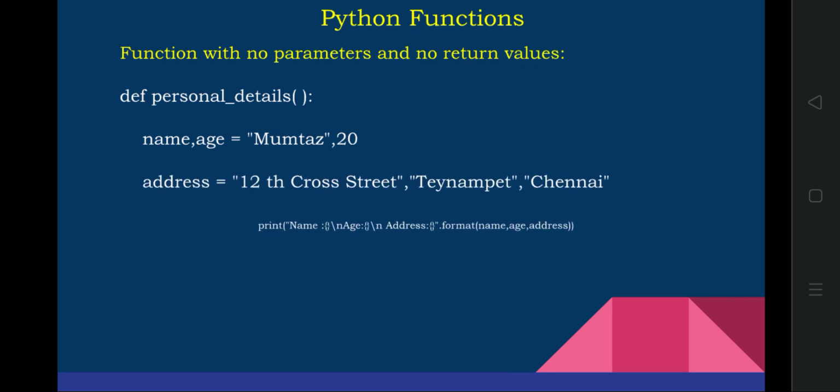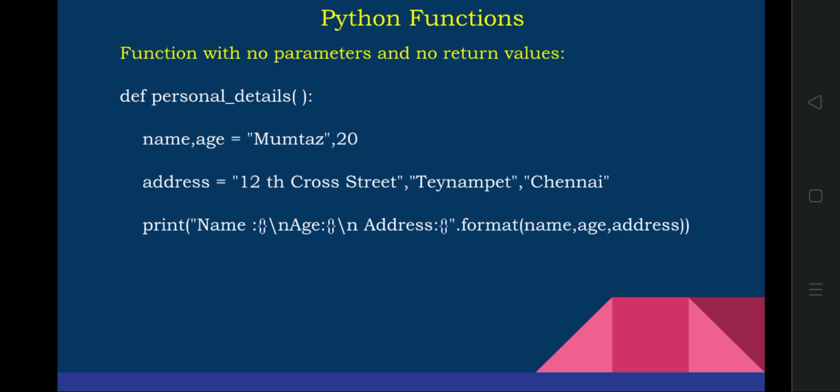And then we have print name and then colon. The curly braces are called the placeholders. This is the formatted print statement which has the placeholder to print the value after some space. So we have name, age, address, dot format. This will format the variables name, age and address according to the format given within the brackets.